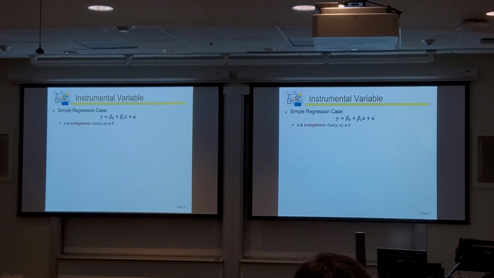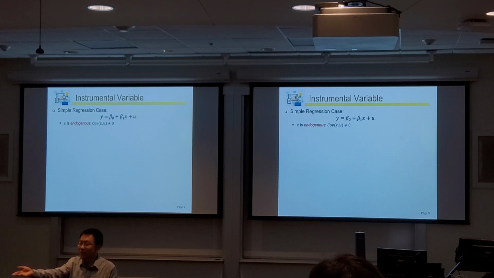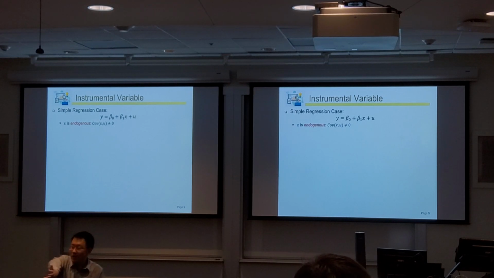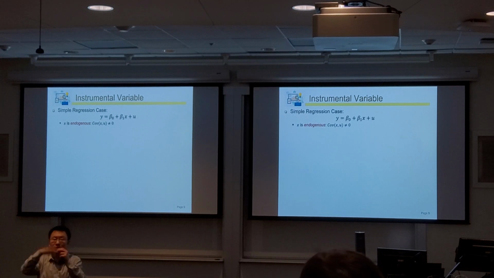So the idea of IV is that, now that we have one X variable that is endogenous, and endogenous means it's correlated with the error, right? We want to try to make it uncorrelated with the error. So if we can find another variable that's totally independent from the error, all right, it's totally random.